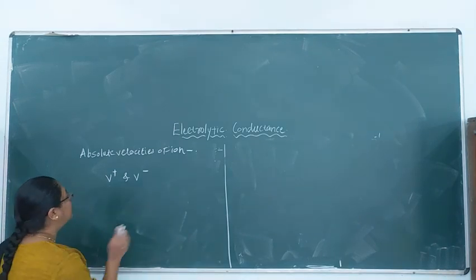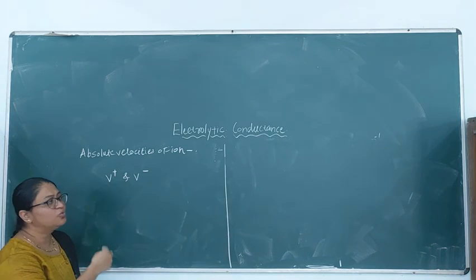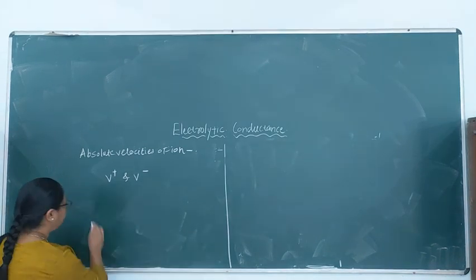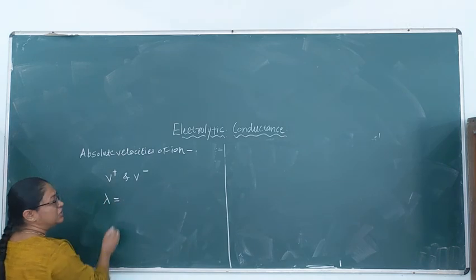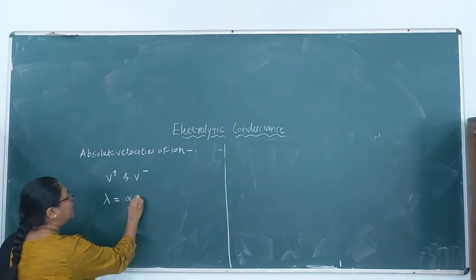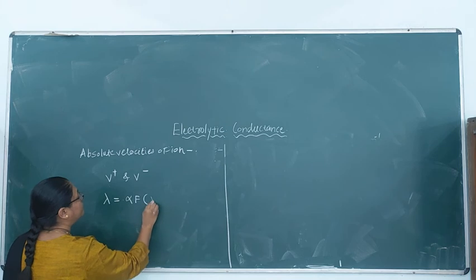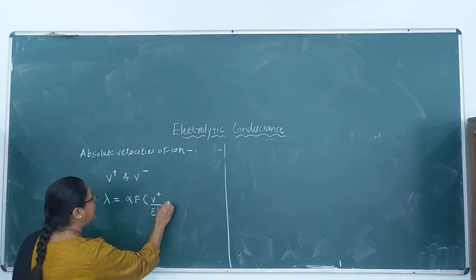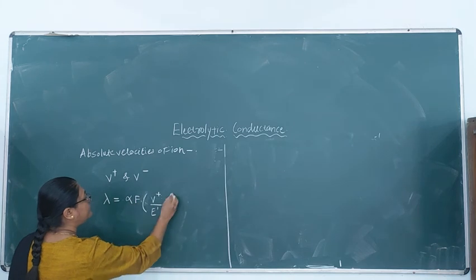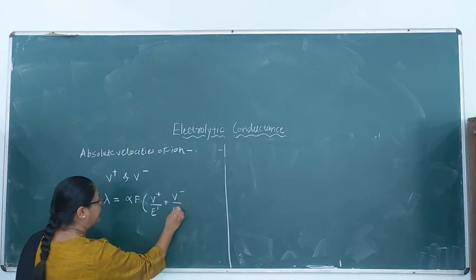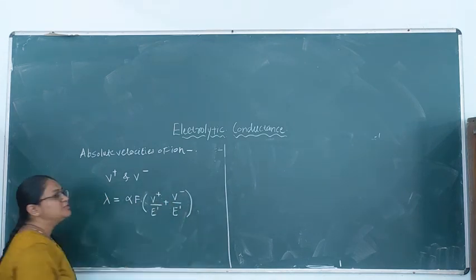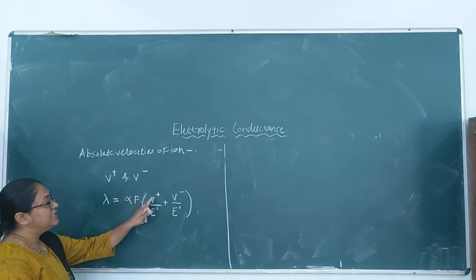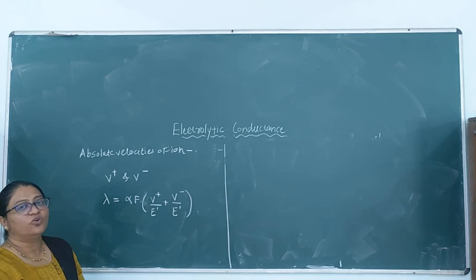We are not going into the detail of the derivation, but I am directly writing the relation. Lambda is equal to alpha F into V plus divided by E dash plus V minus divided by E dash. This is the relation between equivalent conductivity and the speeds or velocities of the ions.